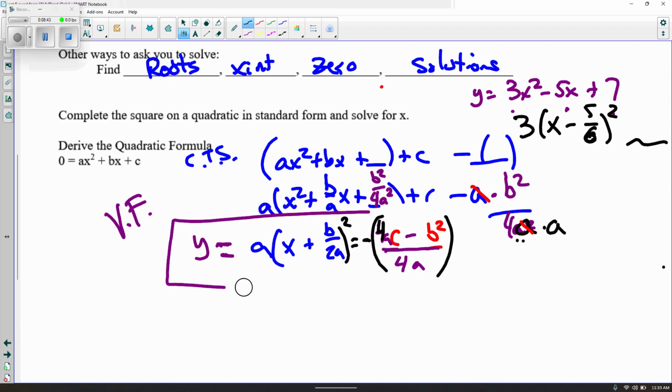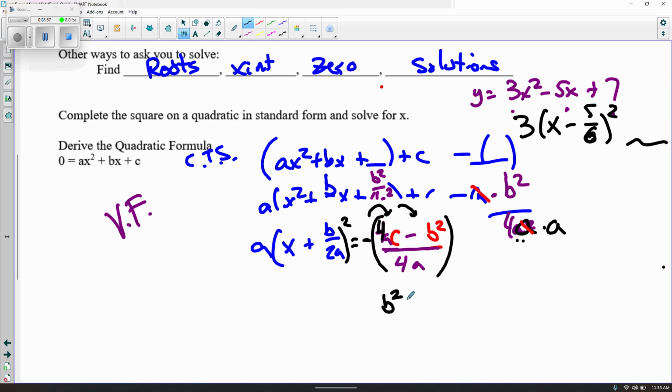You good with me? So this is the next solve right here. So what are we going to do with that negative sign? Distribute. So let's rewrite this as b squared minus 4ac. I just switched the locations, so the b squared is in the front, the minus 4ac in the back, and put the 4a over this right here.